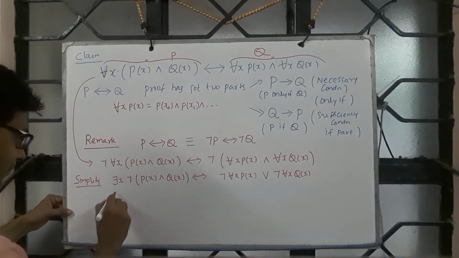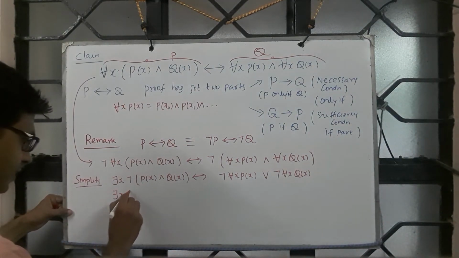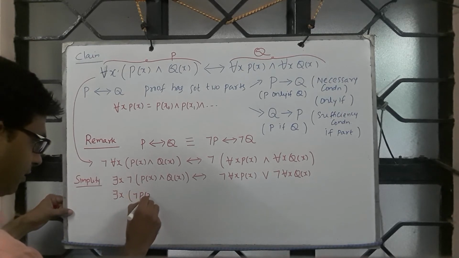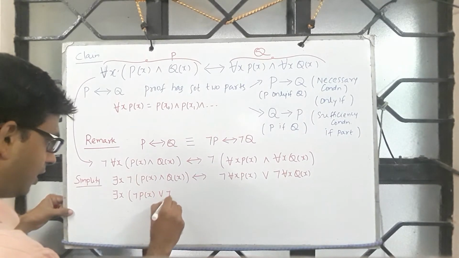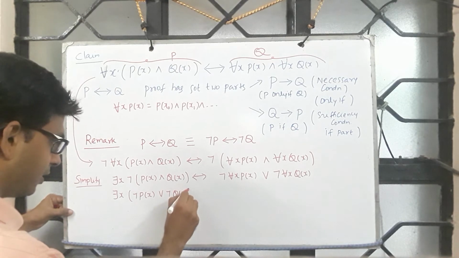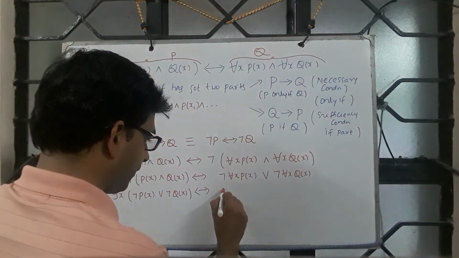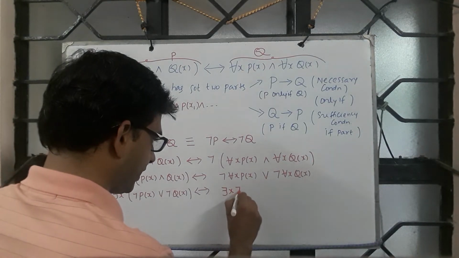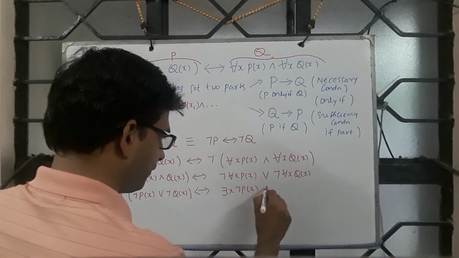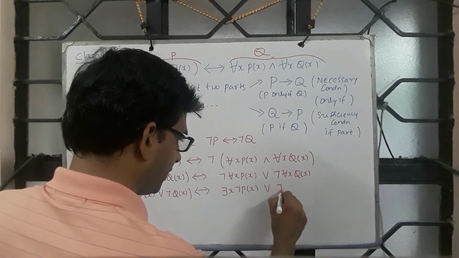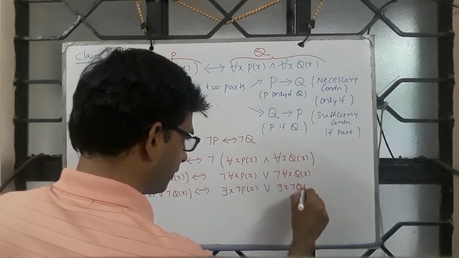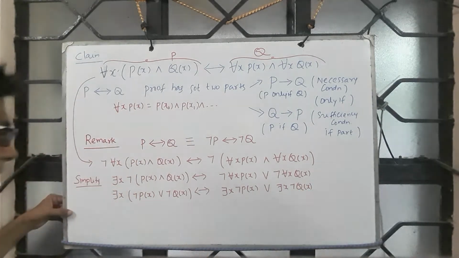Then simplify. So there exists x, negation P of x or negation Q of x. Again quantifier flips, this becomes there exists x, negation P of x or there exists x, negation Q of x.